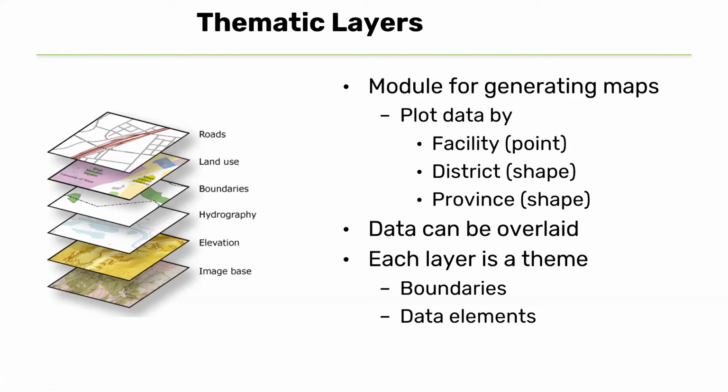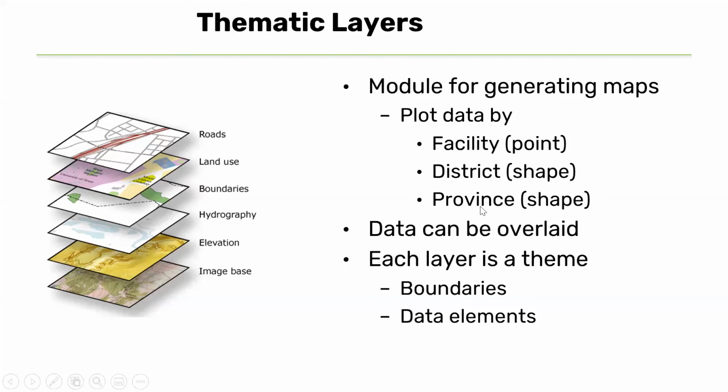But of course, that we have to enter into DHIS2. Usually, entering these coordinates for health facilities, districts and provinces will be done for you by the system administrator of the DHIS2 instance. You usually don't need to do that when you are analyzing data, but this is for your background information, right?